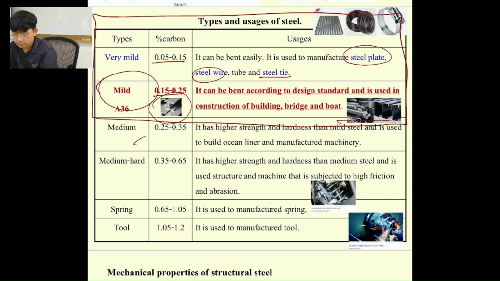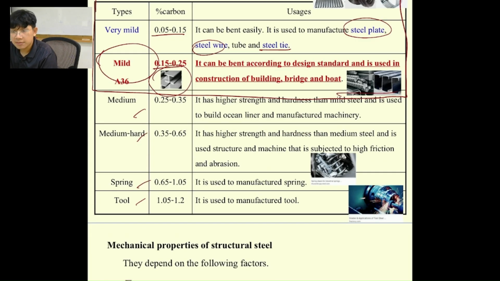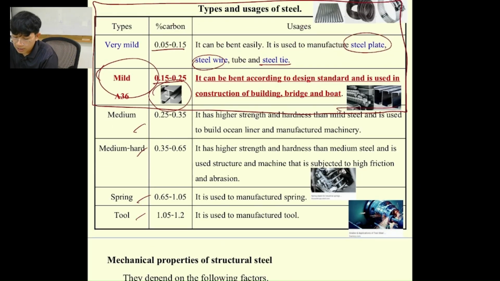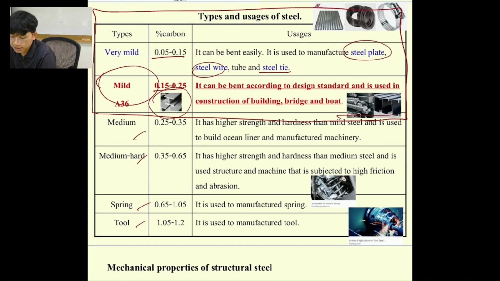But for the medium hard, spring and tool, we normally don't practically use it that much because it's in mechanical engineering applications most of the time, so we can just neglect it. But if I ask which one that you use in the construction, you're supposed to answer two of these.